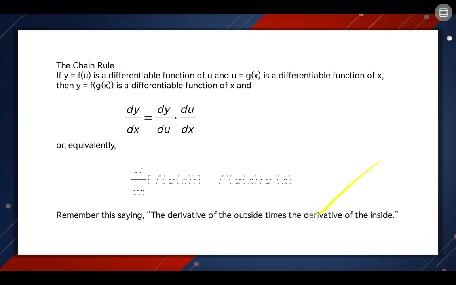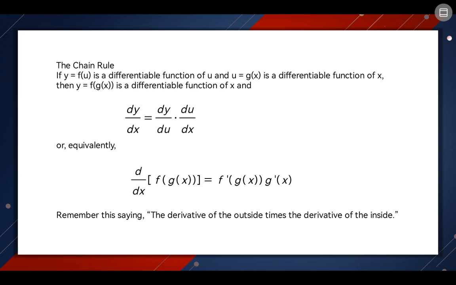The chain rule says that if y equals f of u is a differentiable function of u, and u equals g of x is a differentiable function of x, then y equals f of g of x is a differentiable function of x, and dy over dx equals dy over du multiplied by du over dx.